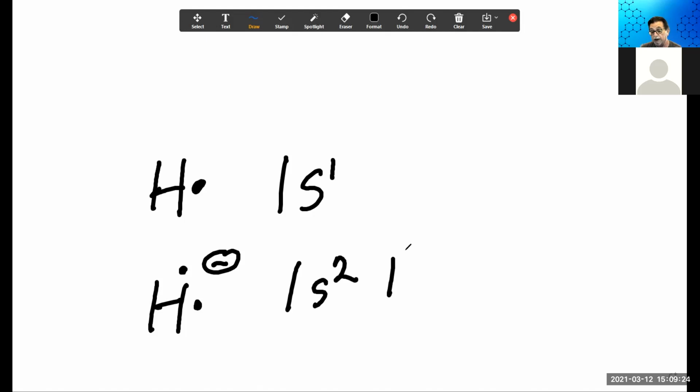And this guy has its own special name that we use in chemistry quite a bit, in organic chemistry, called the hydride. It's a very strong base, okay? But we're not going to talk a lot about that. Oh, misspelled. Hydride.